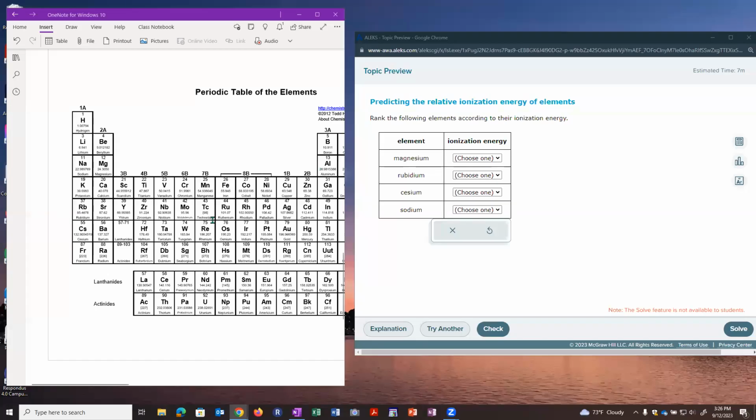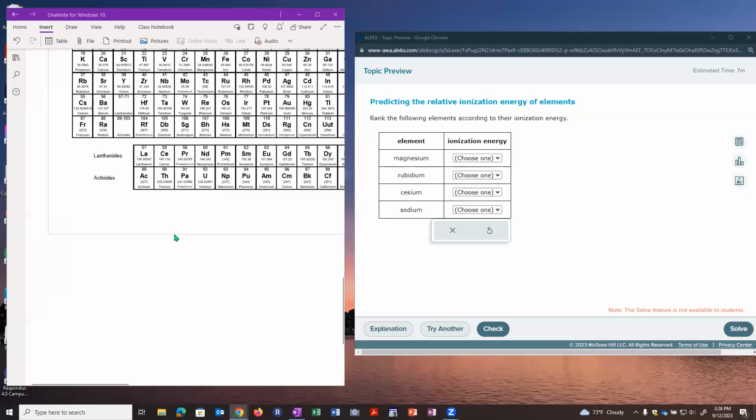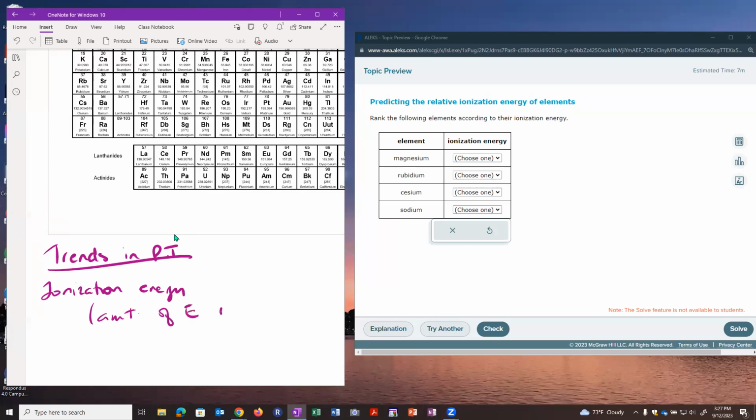All right, so we're looking now at some of the trends in the periodic table. And the first trend that we're looking at is ionization energy, which, remember, is just a measure of the amount of energy required to remove an electron from that particular atom.